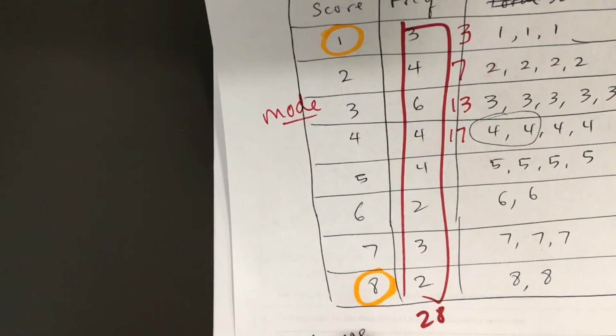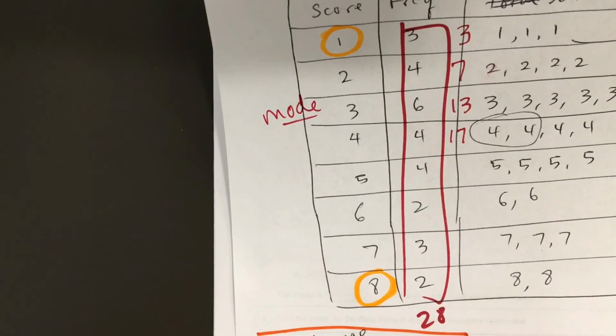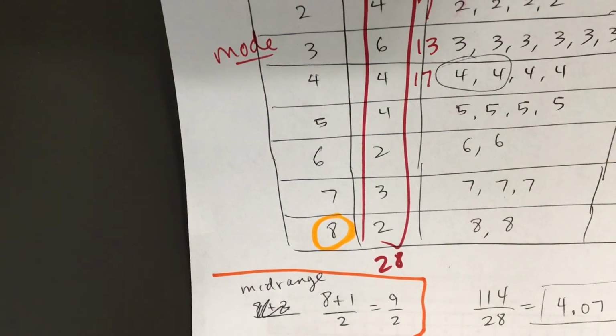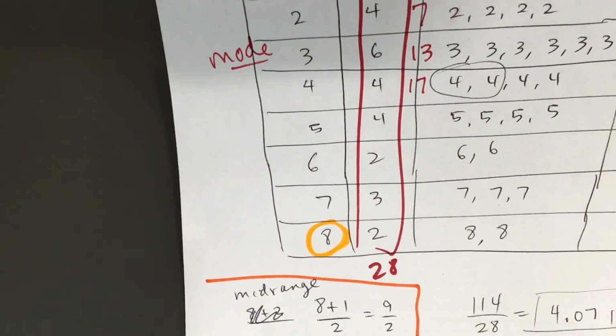The mid-range is 4.5. Try to separate this, because different things there are running together.